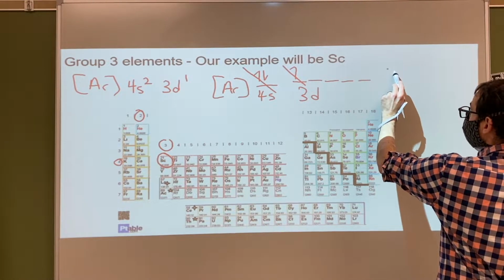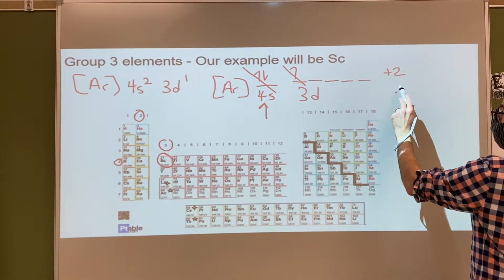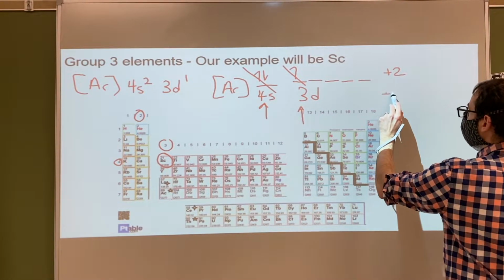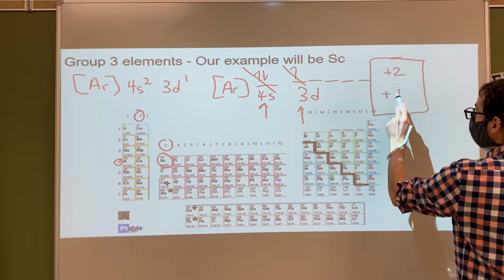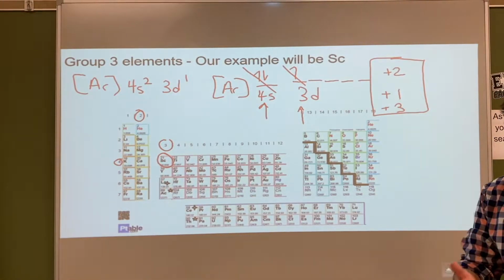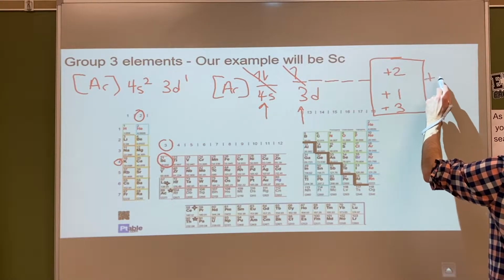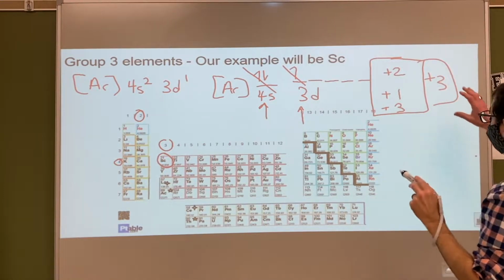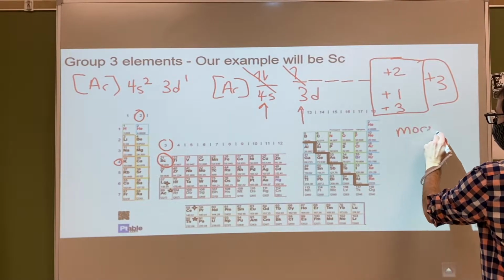And so let's talk about why that's going to happen, all right? So first of all, it's +2 if you lose these valence electrons. If you just do this, it's +1. So these are the possible charges, all right? And if you combine them, it's +3. Now, what's the most complicated one that still follows all the rules? That's the +3. Okay, so how do we get it to be +3? What's the reason for this? First off, it's more stable.